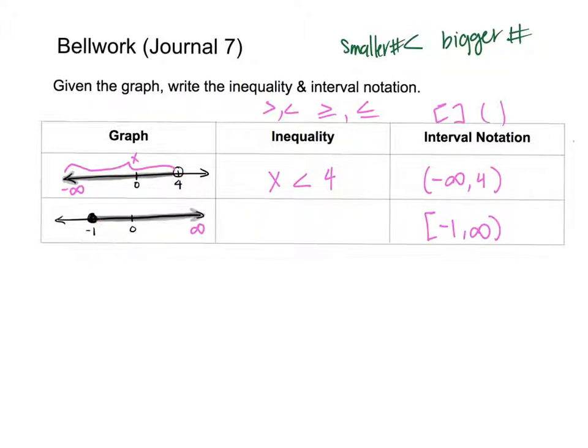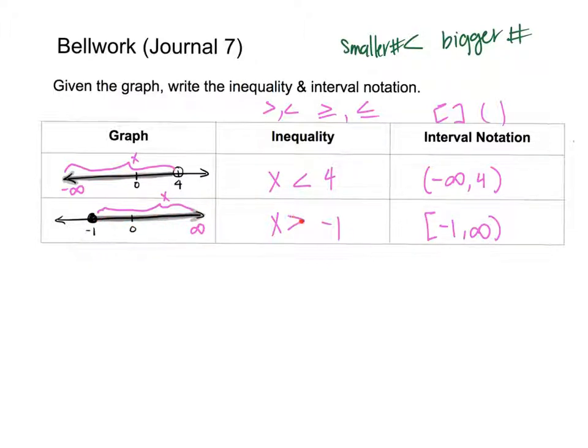Now, with this one here, I'm going to do the same thing. I have to write an x, and the number that they circled is -1, so I'm going to compare it with -1. And you can see here that x is in this highlighted region. So if x is here, and that's -1, x is bigger than -1, because on this side of the -1, these are numbers bigger than -1.